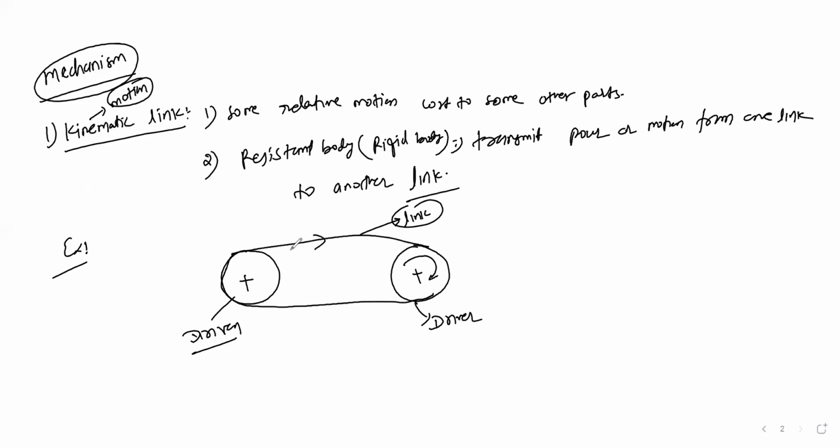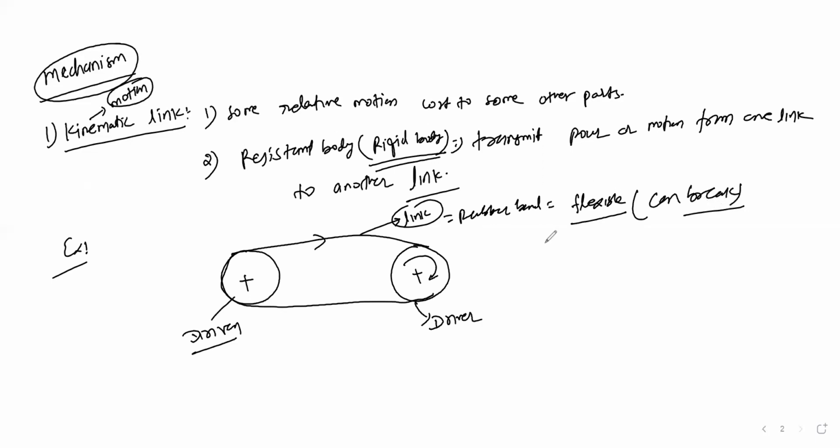This link is actually a rubber band, and it could be flexible. It is transmitting power, but it is flexible. If you are going to make any machine, that link should be a rigid body. It should not be flexible. Why? It can break.